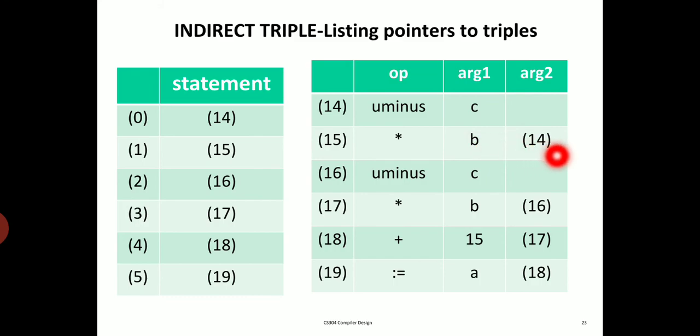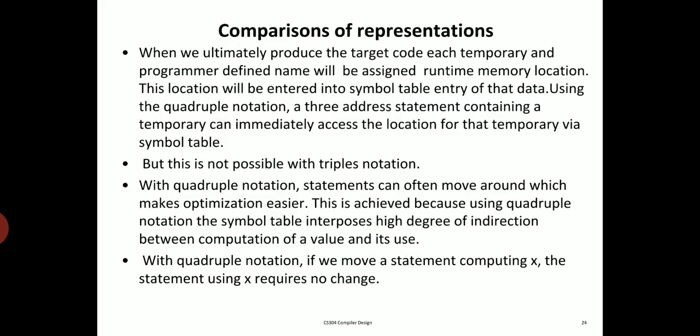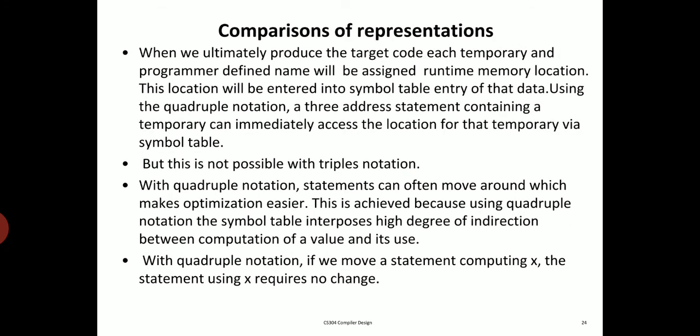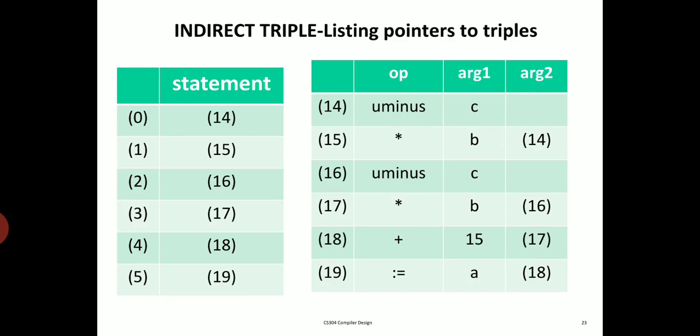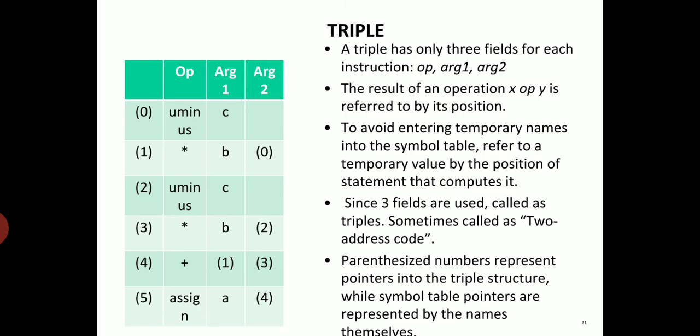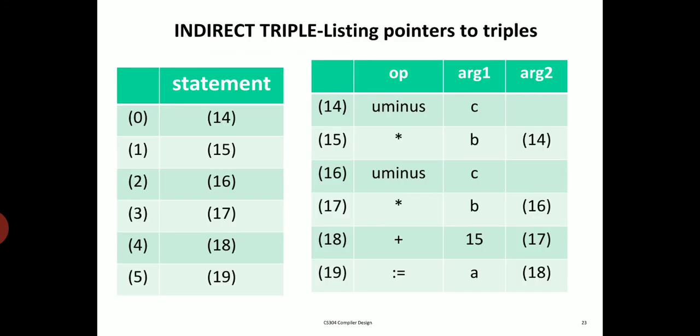Similarly 15 and 17 also can be clubbed, so we can save somewhat more space compared to quadruple in the case of indirect triple. Triple requires less space for storage compared to the above two. You know that since there are no additional tables or anything else, triples will be consuming very little space compared to quadruples or indirect triples.